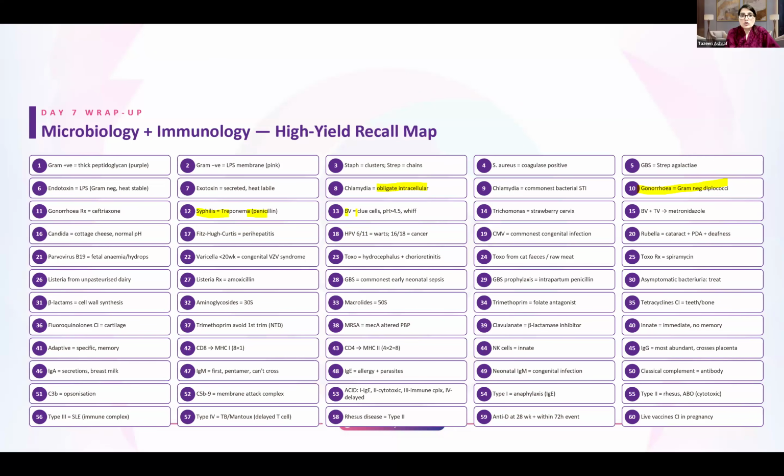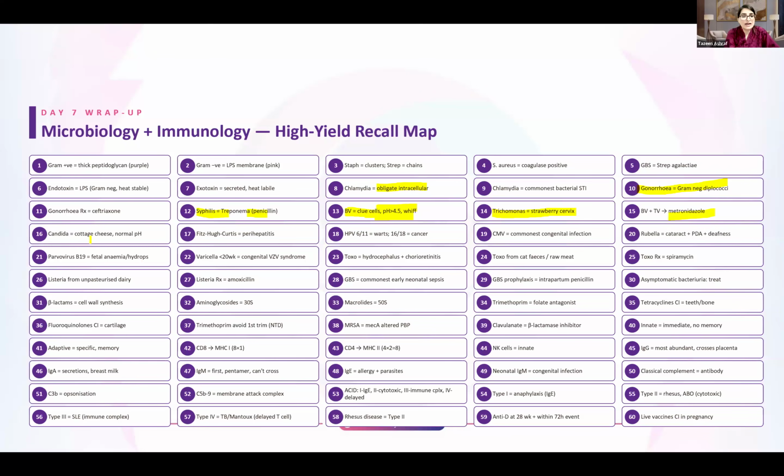Bacterial vaginosis has clue cells and pH more than 4.5. Trichomonas has strawberry cervix. The treatment for bacterial vaginosis and trichomonas is metronidazole.